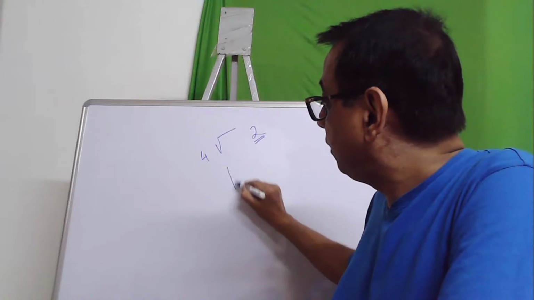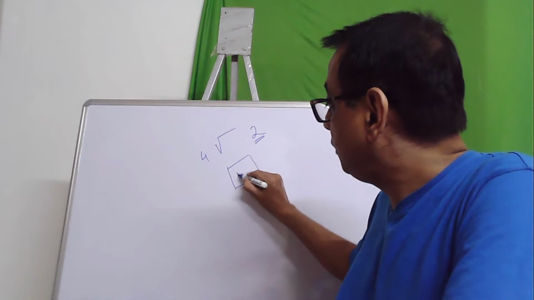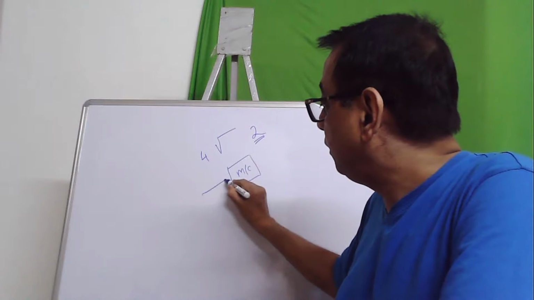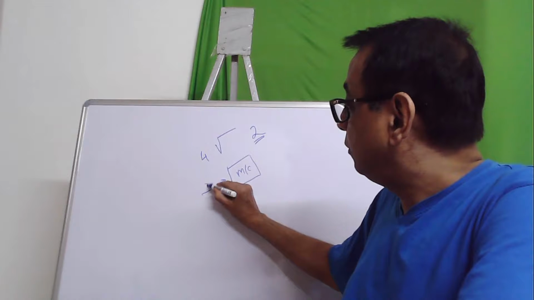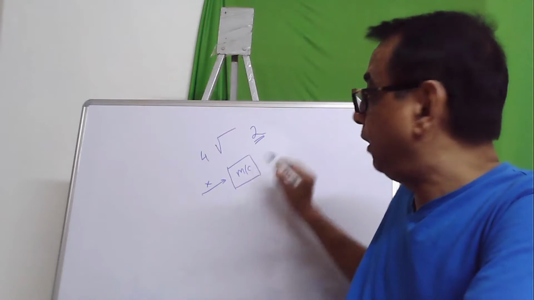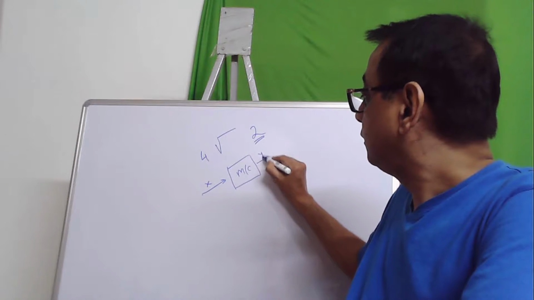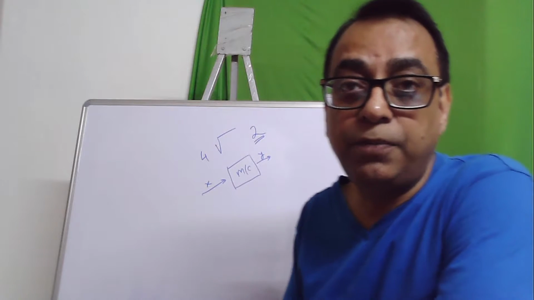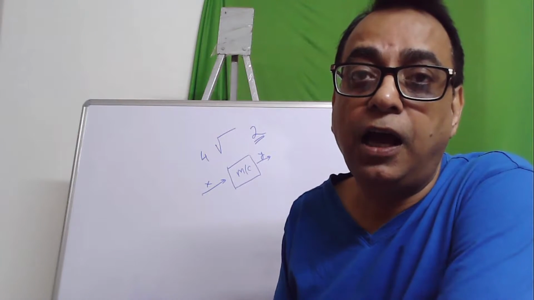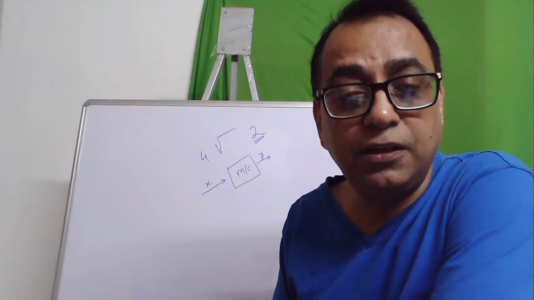So a function can be thought of as a machine where you give an input of the independent variable, which is normally denoted by x, and you get an output as the dependent variable. So this is the basics of functions, and I am going to discuss it in detail.